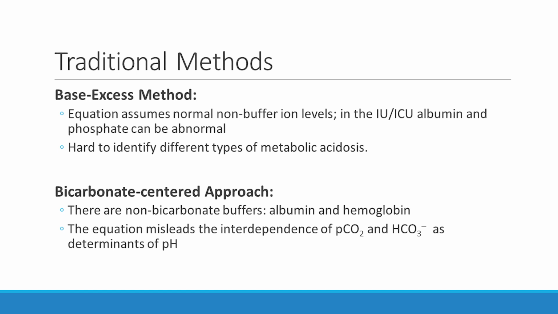So we're going to talk about how the traditional methods have problems whenever you look at them. The base excess method assumes that you have normal non-buffer ion levels, and that's not necessarily true in the ICU. It's also hard to identify different types of metabolic acidosis, because what it's showing is that you just have an abnormality with your base excess or base deficit, not necessarily what's causing it.